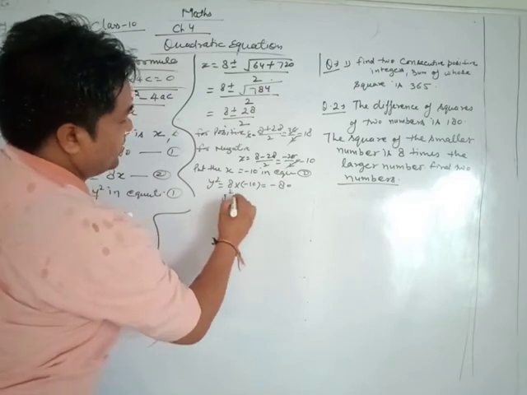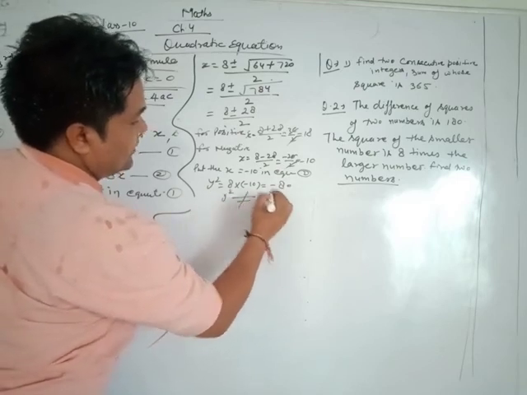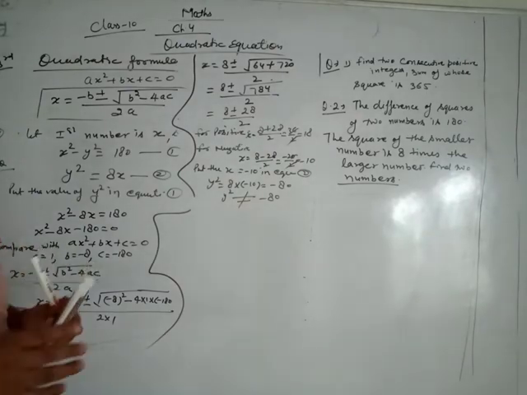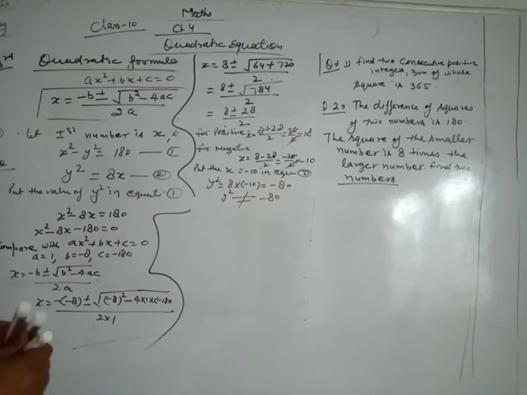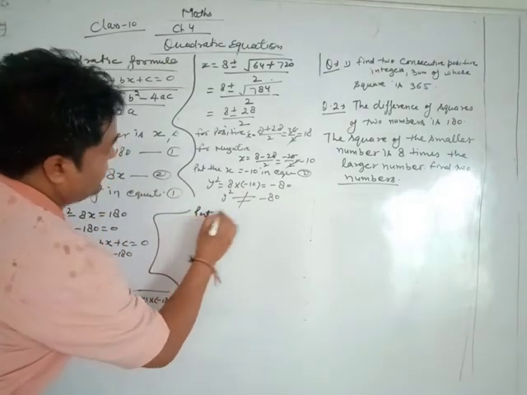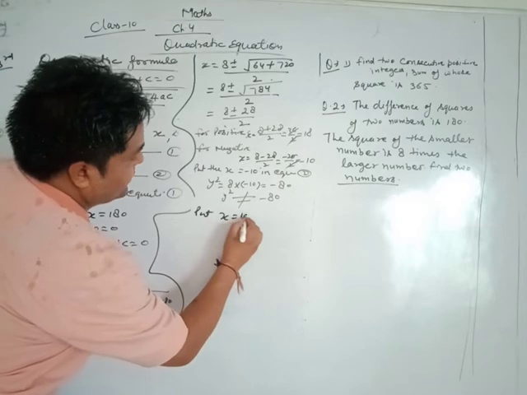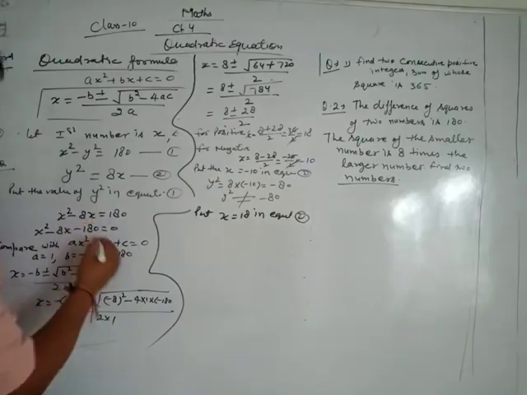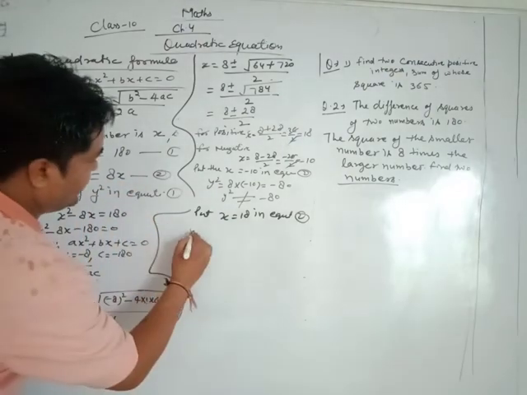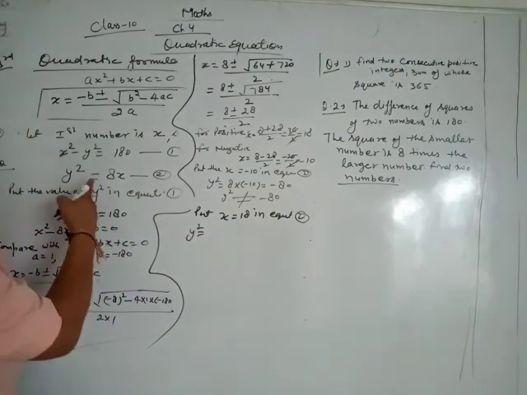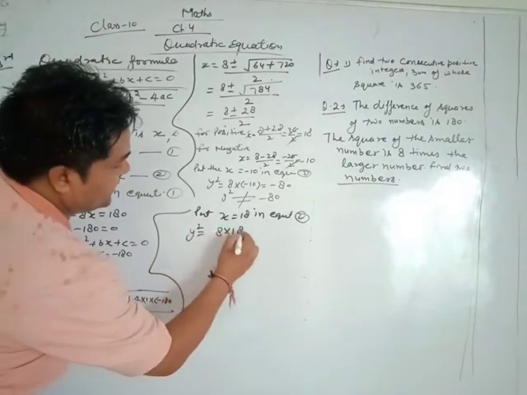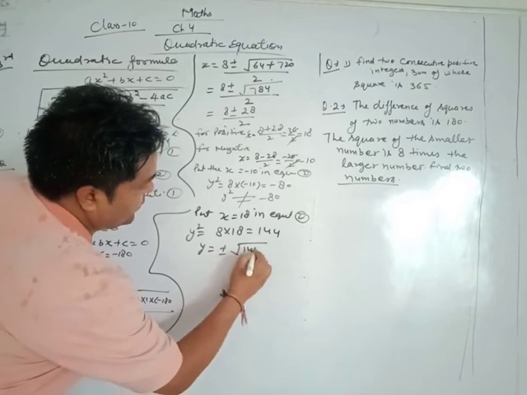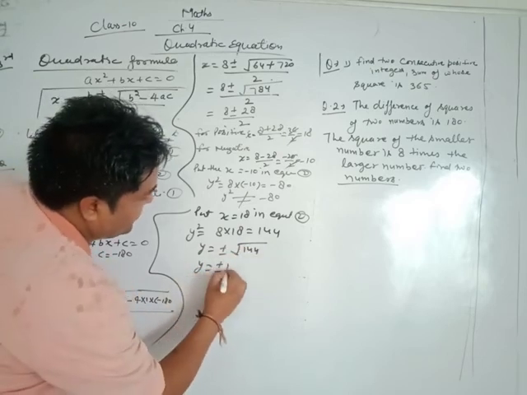Not possible, because it is not possible in case of a square to be negative. Now put x equal to 18 in the second equation, then y square equal to 8 multiply 18 equal to 144, and y equal to plus minus root 144, so y equal to plus minus 12.